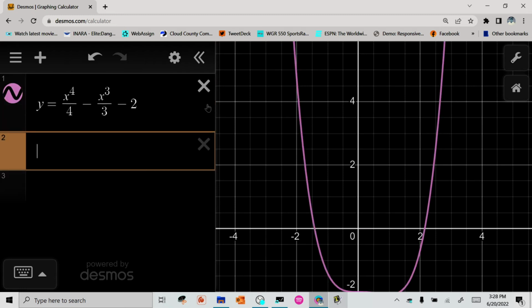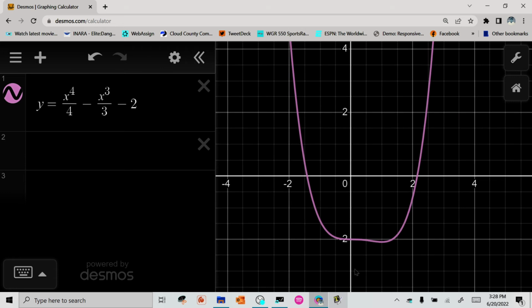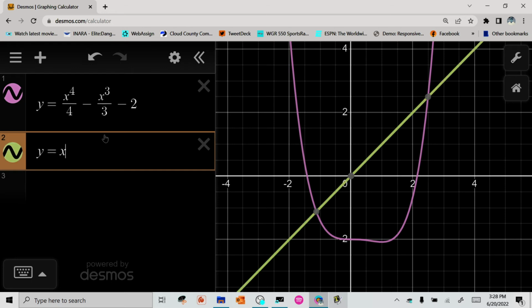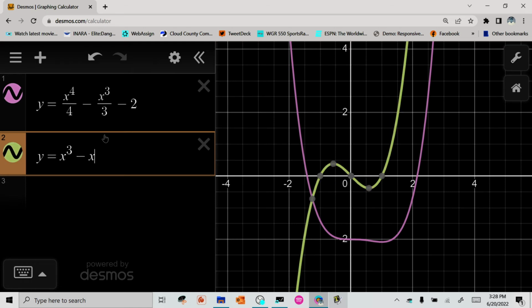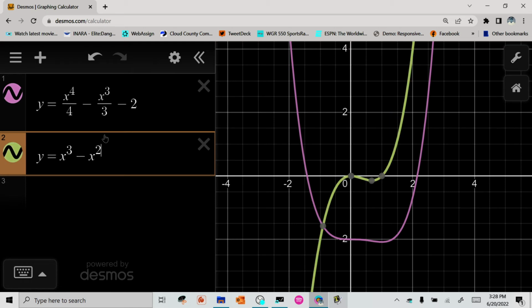So that's our function. And you can see it kind of looks like a little parabola, but there's kind of this little thing down there. Interesting. All right, so the derivative is just going to be x cubed minus x squared. Is that what we said? Yeah, I think that's the case. All right, so take a look.